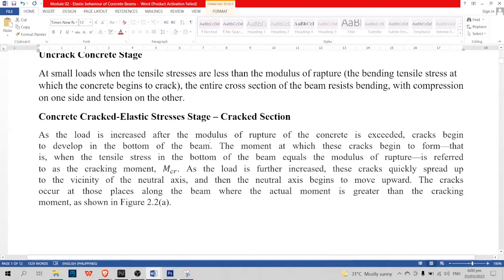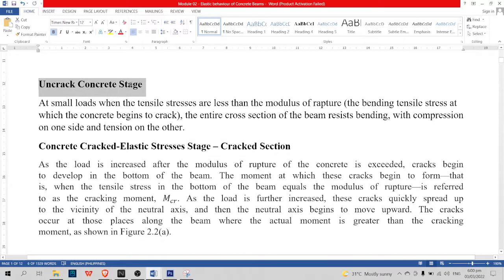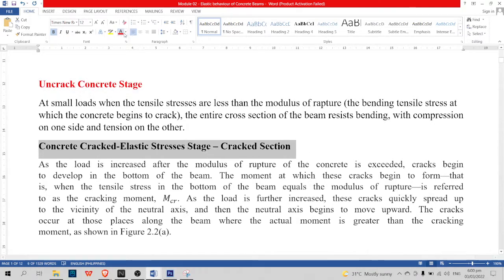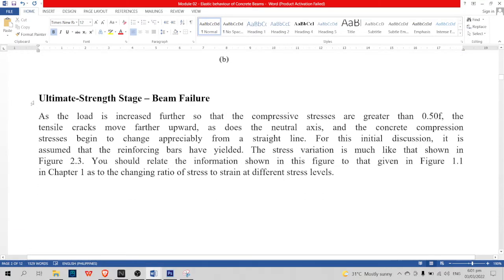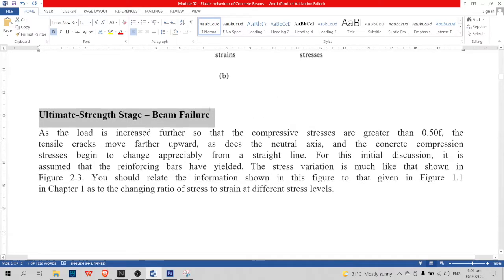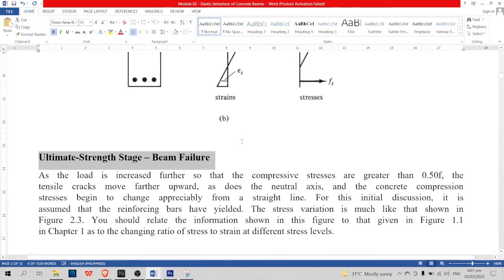So, itong topic na ito, itong module na to will be concentrated in these two stages of concrete crack. Sorry, not modes of failure but stages of concrete crack. Okay? So, yung first stage and crack. So, I will not discuss any further itong ultimate stage kasi sa next na, sa module 3 natin yan.